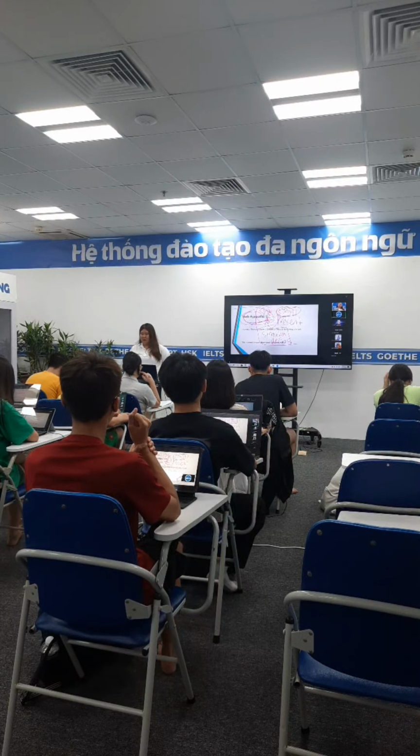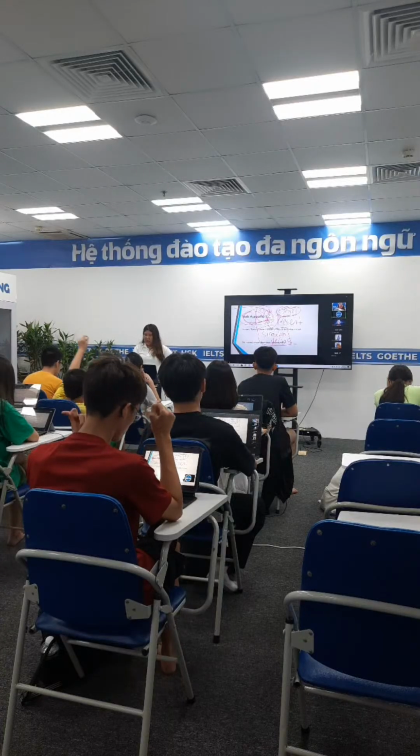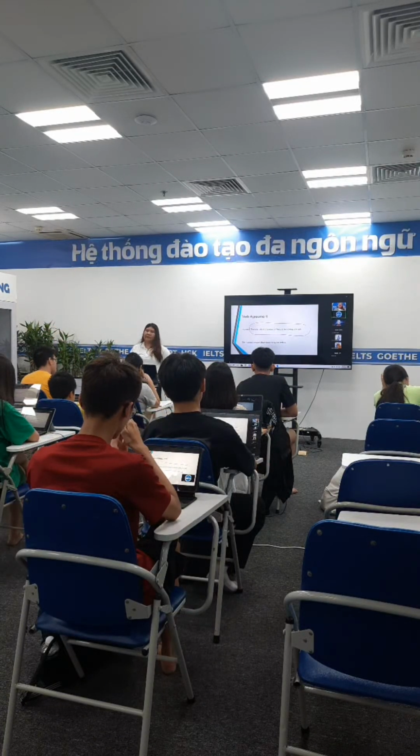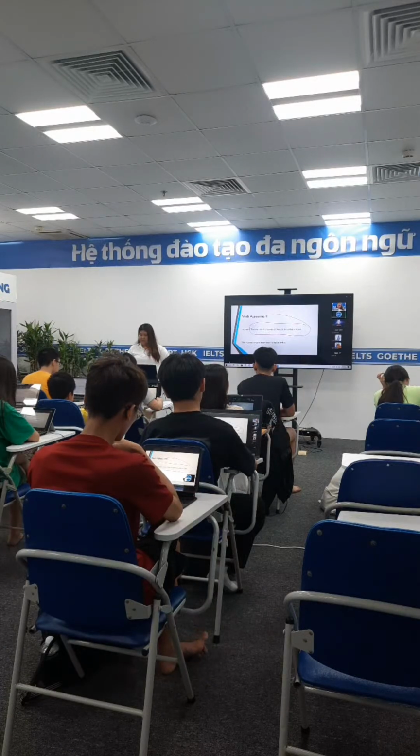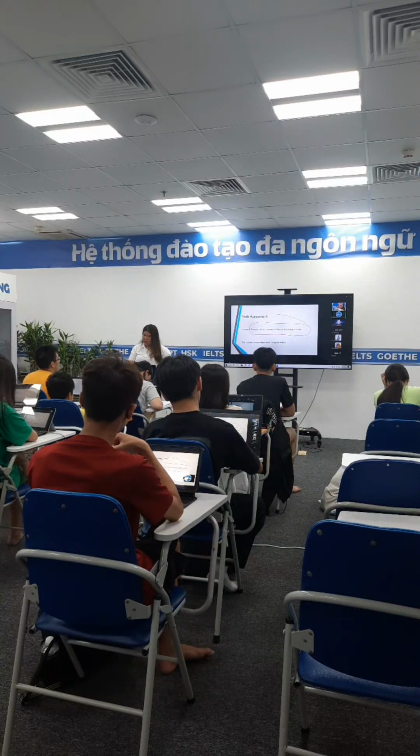Understand? Okay, so I need you to take a look at this sentence. Let's have Ann. Can you read the sentence? Okay, I need you to check this verb. Is this correct or not?